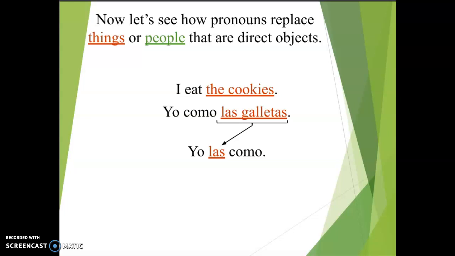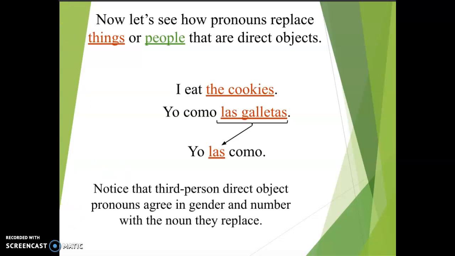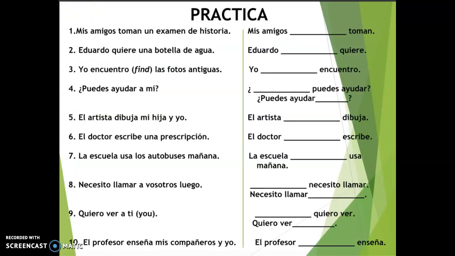That direct object pronoun was placed in front of the conjugated verb. Yo las como. Also notice that the third person direct object pronouns agree in gender and in number. Las galletas, las.